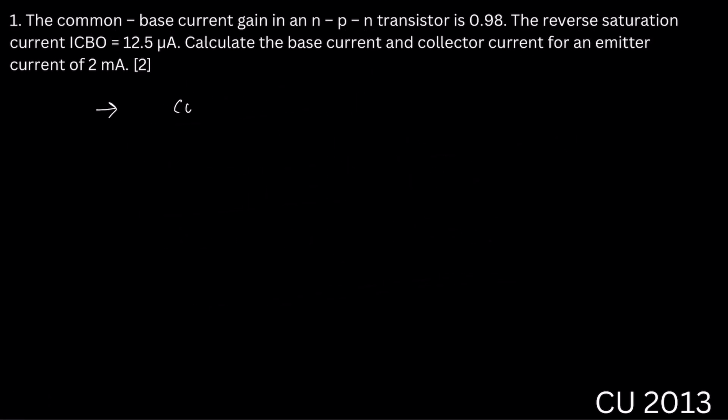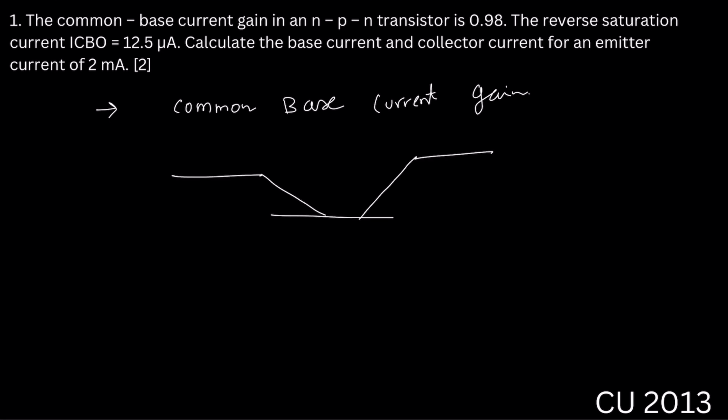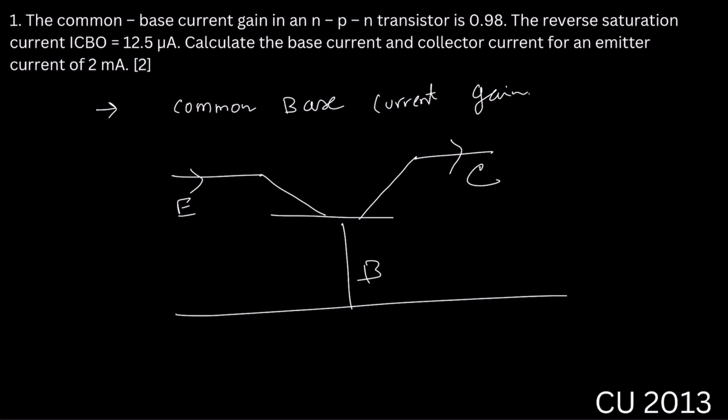Here they provided common base current gain. Okay, they didn't write down alpha, beta or gamma. They just write down common base current gain. I think I already do this kind of problem in my last video, but I will do it again. So the common base mean, if this is a transistor, this will be the base is common. Here will be emitter and here will be collector, right?